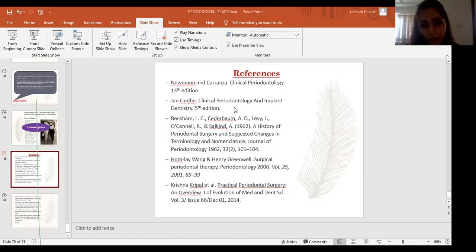And what was the third one? Beveled and envelope flap both incorporate horizontal incisions only. The envelope flap has three horizontal incisions: the internal bevel, the sulcular, and the interdental.